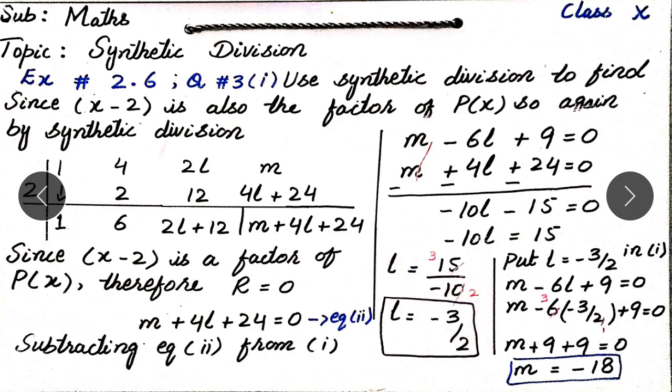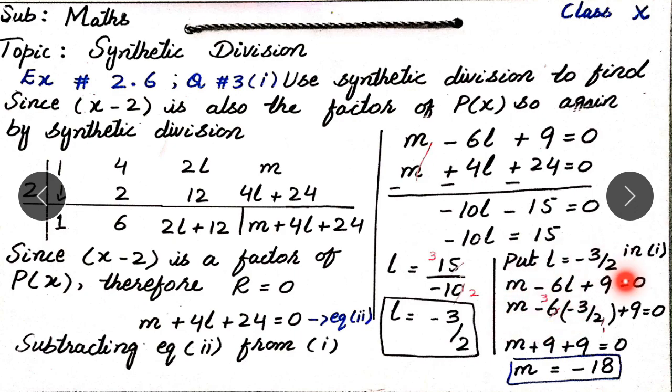Now we have found just the value of l. We are supposed to find the value of m too. If you put the value of l in any of these two equations, you can easily find the value of m as well. So put the value of l in equation number 1. I have selected equation number 1. m is written as it is, minus 6 as it is.